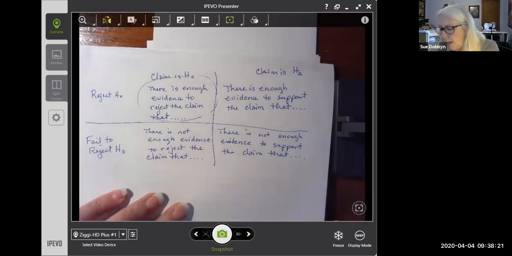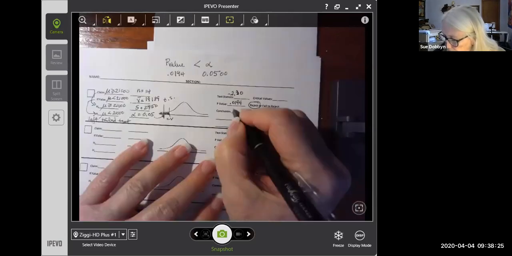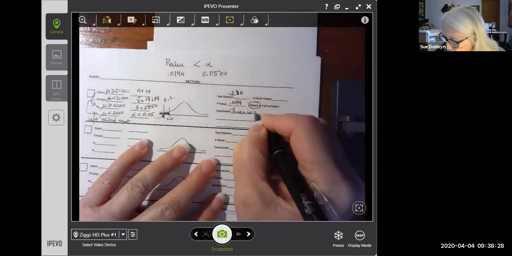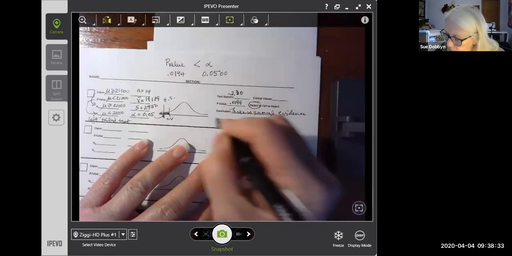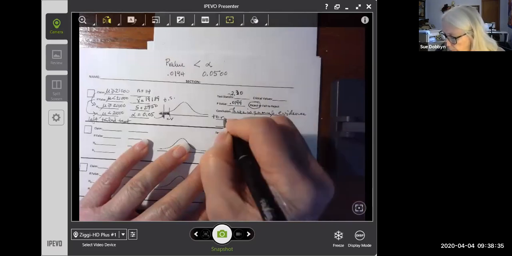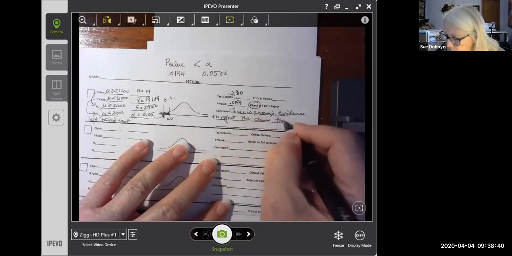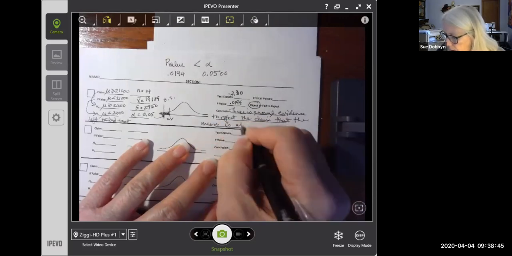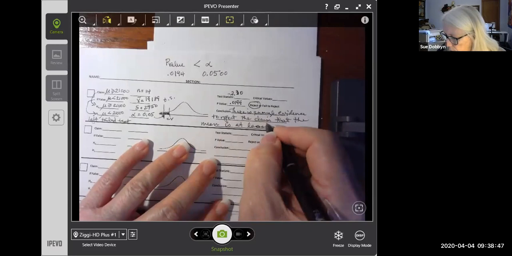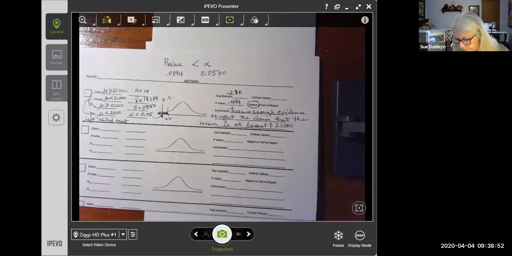So for our case, that would be there is enough evidence to reject the claim that the mean is at least $21,000. Okay? All right.